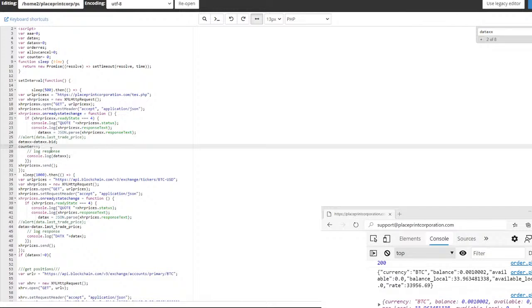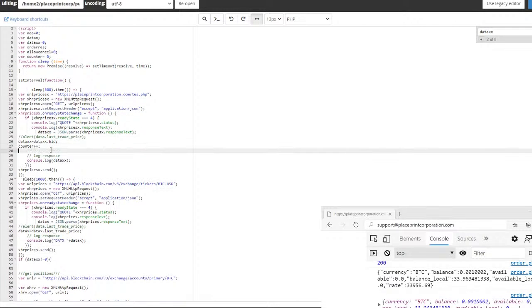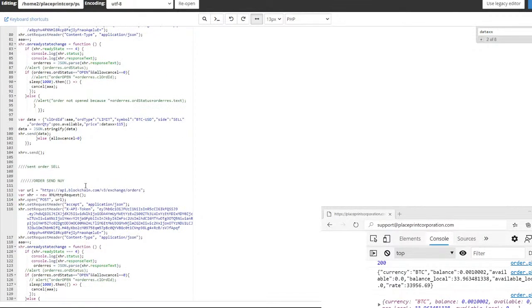So what we'll say is, if counter equals or greater than or equals to, let's just say 1,000 ticks, right? Maybe let's start with 100. Then we'll say, okay, counter equals 0. Then we reset it, and that'll open it up.